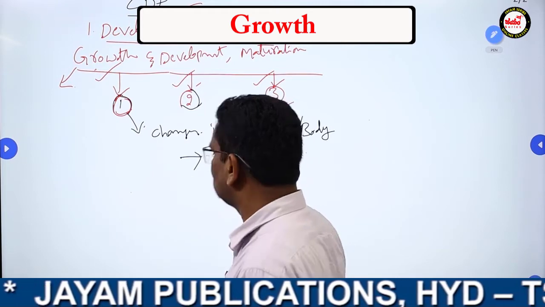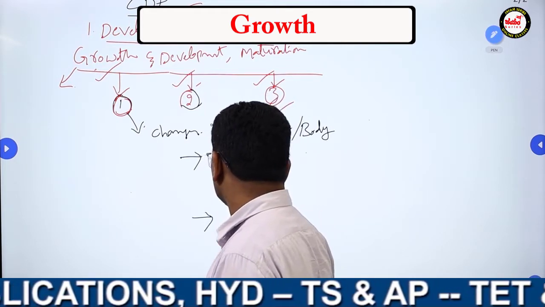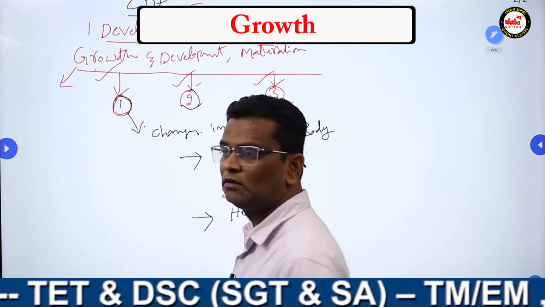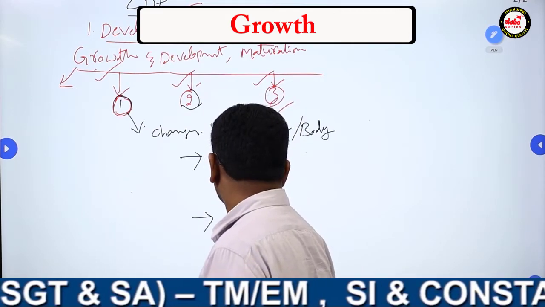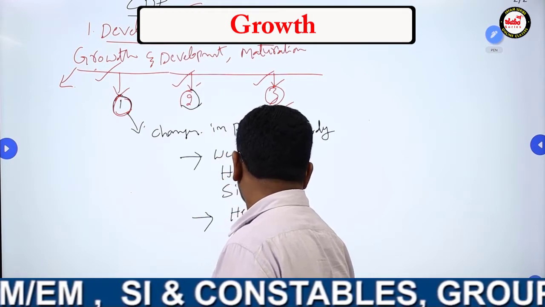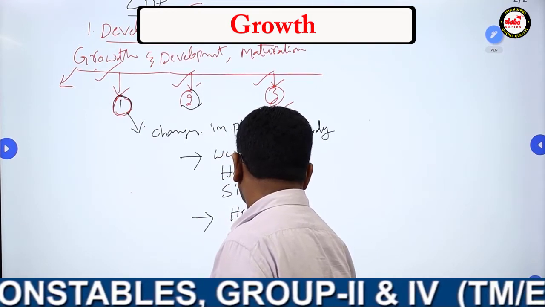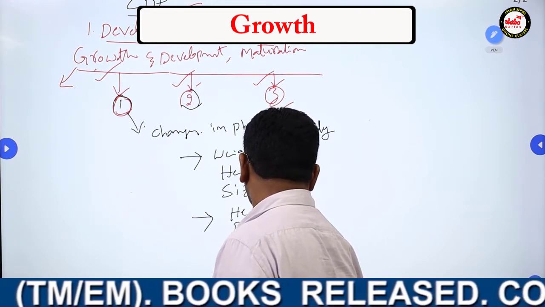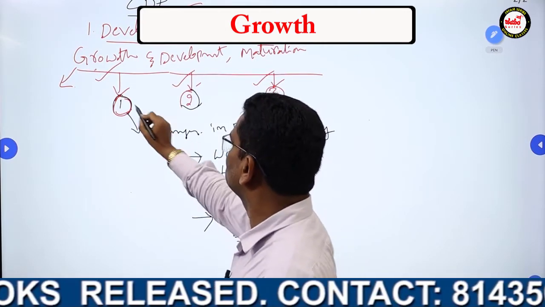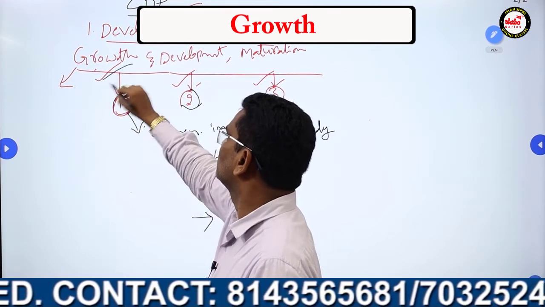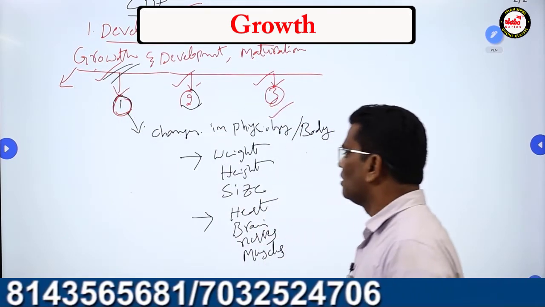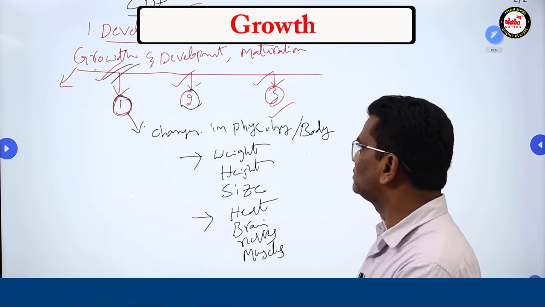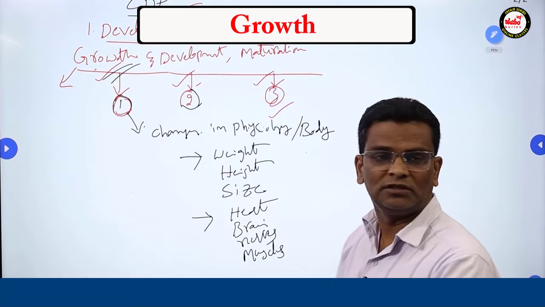Not only these three things, other things like heart, brain, nerves, muscles, all these come in growth. It means the changes that occur in physiology.